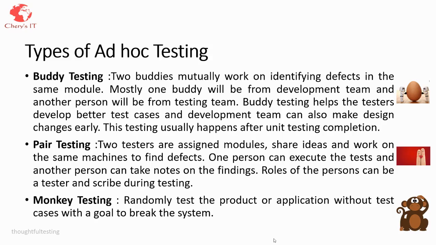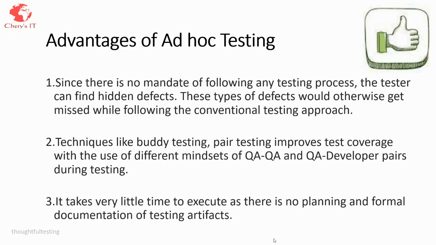Ad hoc testing helps you identify more issues, understand the business and the application more clearly, and identify more defect-prone areas. Using these types of testing helps even better to make the application bug free.